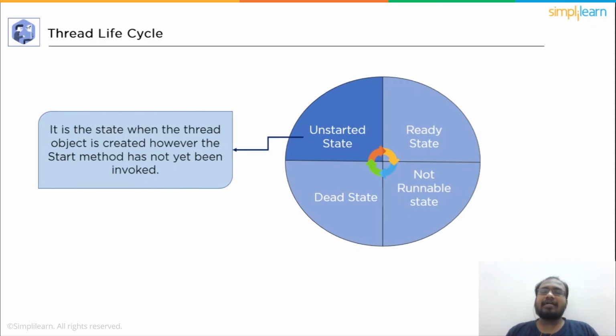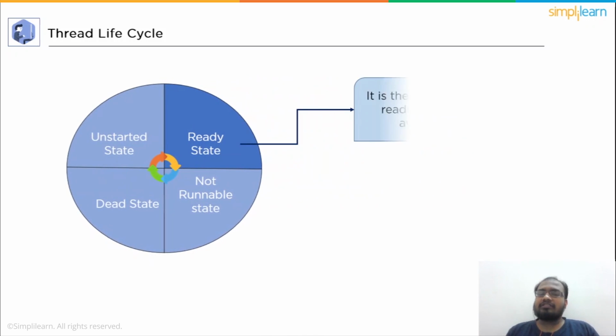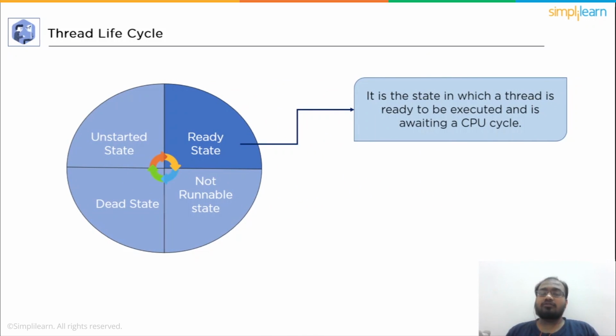First is the unstarted state. It occurs when a thread object is created, but the thread method is not invoked. Next, we have the ready state. In this state, the thread is ready to execute, but it's still awaiting a CPU cycle.